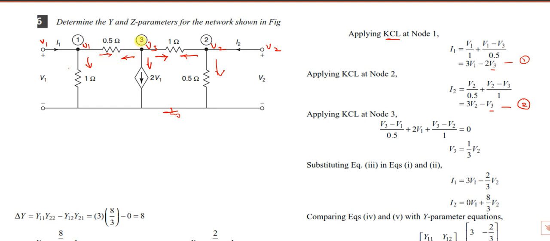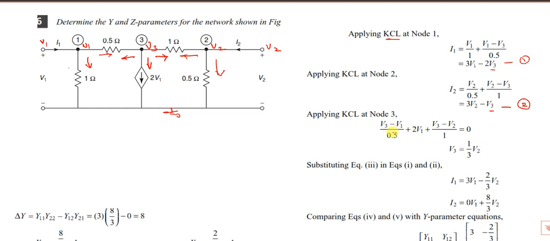So V3 minus V1 by 0.5, then this is already a current source 2V1, so don't write a potential difference, and V3 minus V2 by 1. Left side current equals right side current. If you simplify this, you will get V3 equal to 1 by 3 V2.